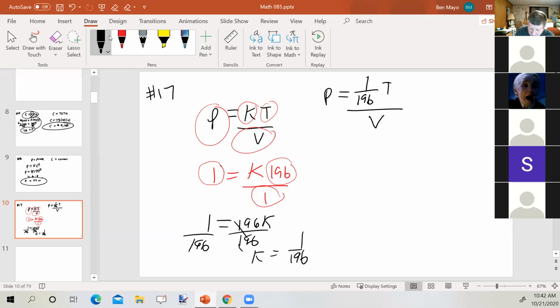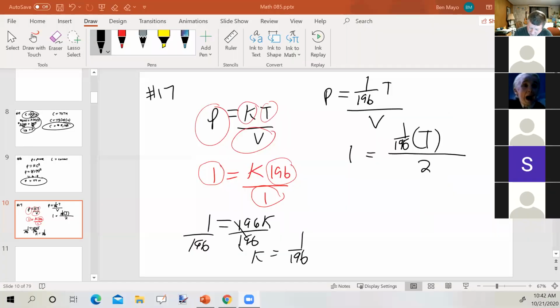The gas expands to twice its volume, and its volume is now going to be 2 cubic meters. The pressure remains the same, it says, so that's still going to be 1. And then we got 1 over 196 times T. So let me show you that.